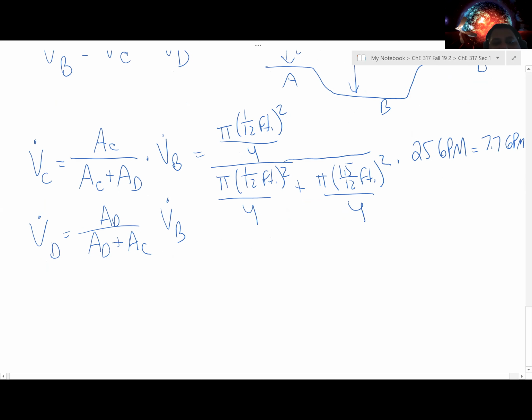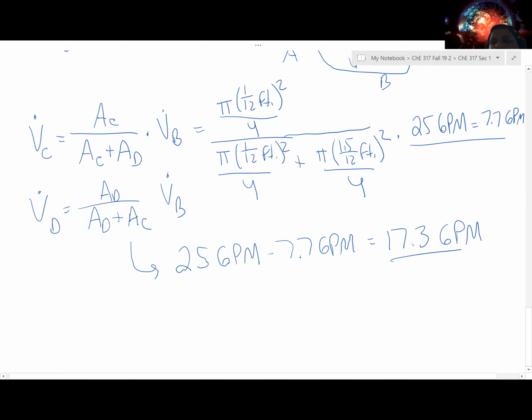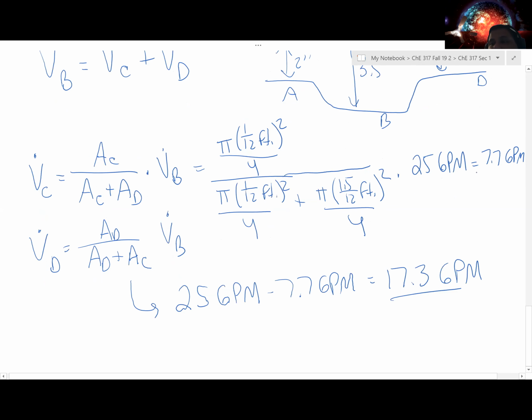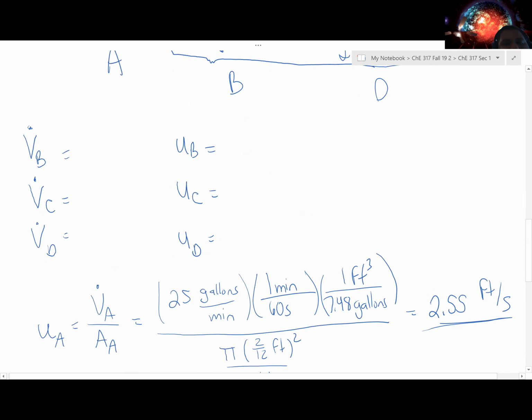Then by continuity, rather than doing this calculation, the volumetric flow rate of D would simply be 25 gallons per minute minus 7.7 gallons per minute, which would be 17.3 gallons per minute. So I can go back up here and plug that in. I have 25 GPM, 7.7 gallons per minute, and 17.3 gallons per minute.